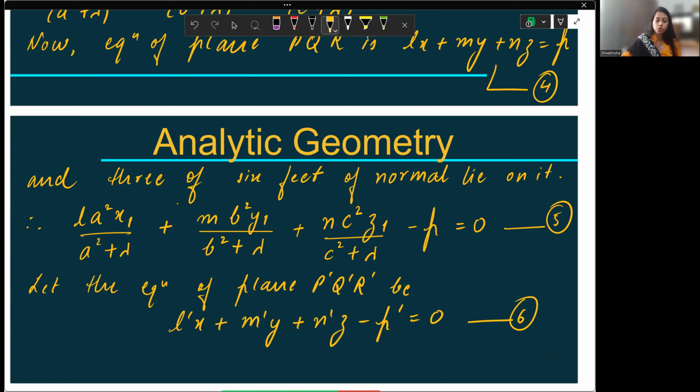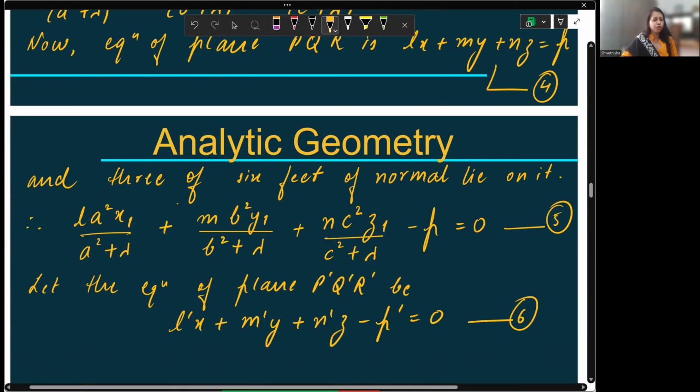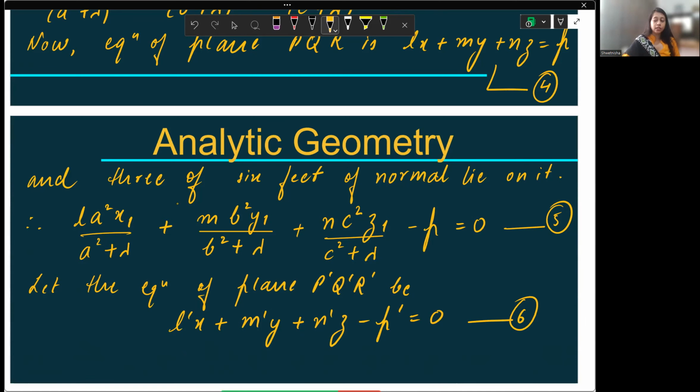That's my 6th. So basically, I'm looking for the values of these L dash, M dash, N dash, and P dash, and I'll substitute the value here to get the answer. But even if this is the equation, my substitution is still true. I can still say that these 3 points lie on this plane, plane number 6.